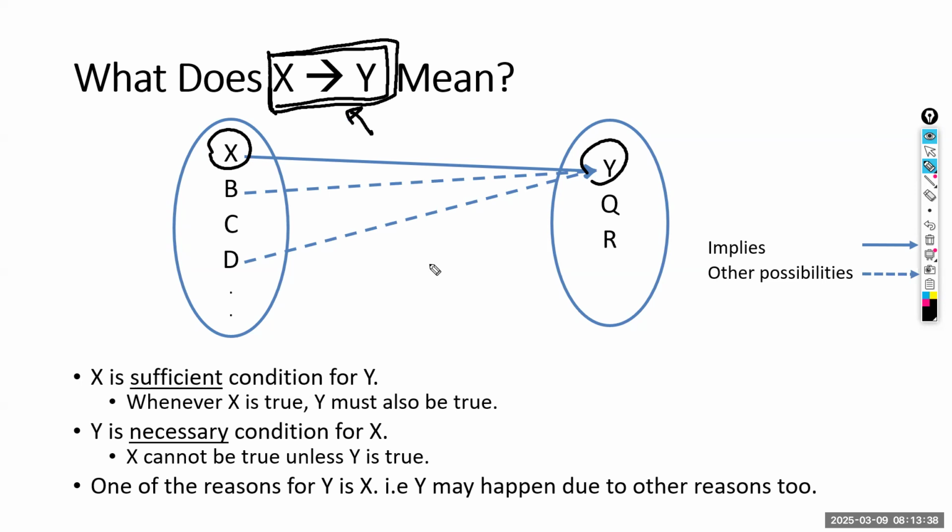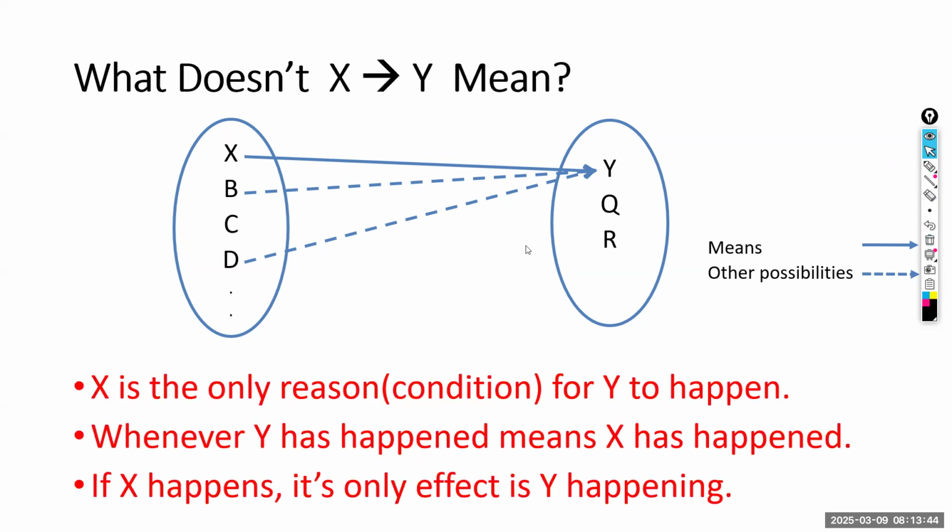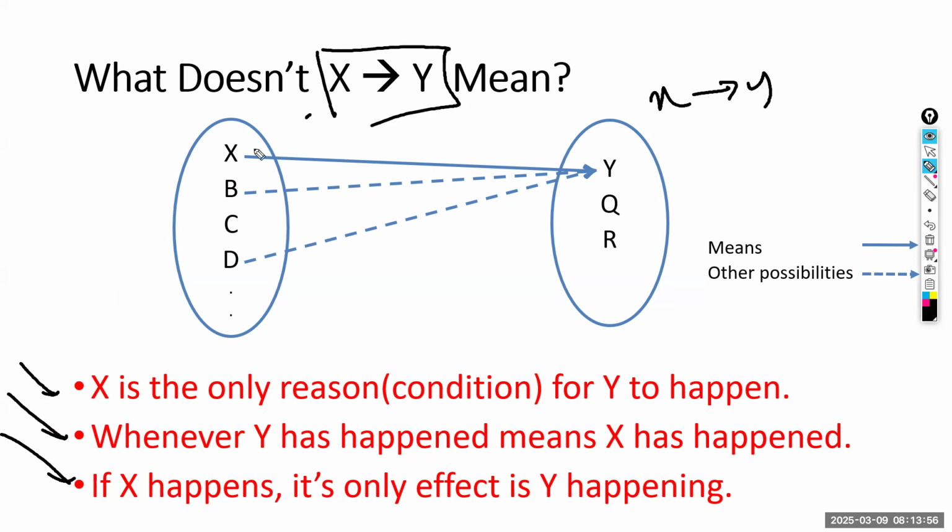So these are not something you can assume. When I say X implies Y, you are not supposed to assume that my statement implies these other statements. First: is X the only reason for Y to happen?